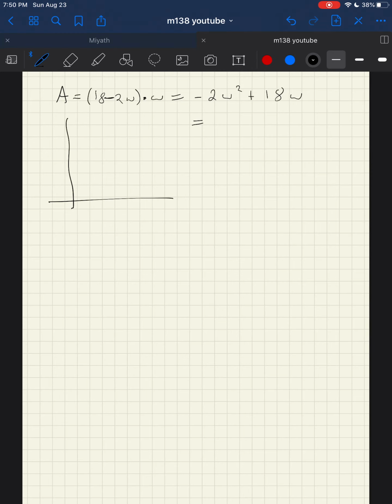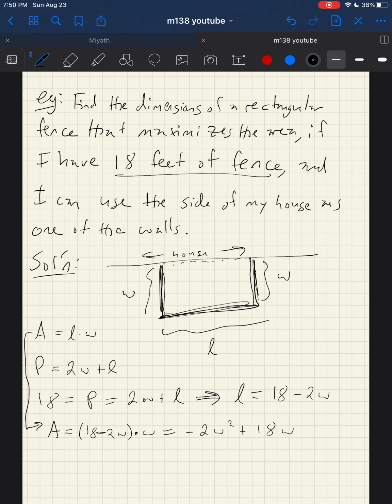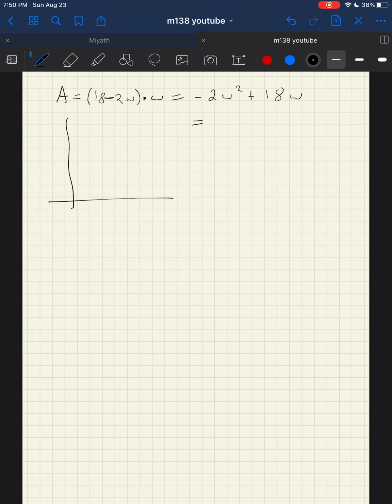Well, if I factor out a W again, kind of like we had here, I've got W times 2W minus 18. And when does this equal 0? Well, this equals 0 when W equals 0, again using the zero product property. This equals 0 when 2W equals 18, that is when W equals 9.